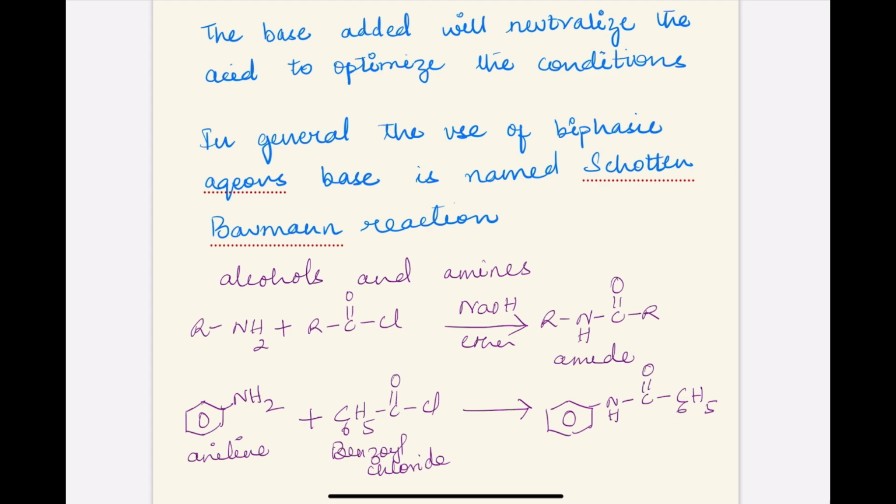This is called benzanilide, or it is also called N-benzoyl aniline. This total group is called the benzoyl, and benzoyl attached to aniline is N-benzoyl aniline.